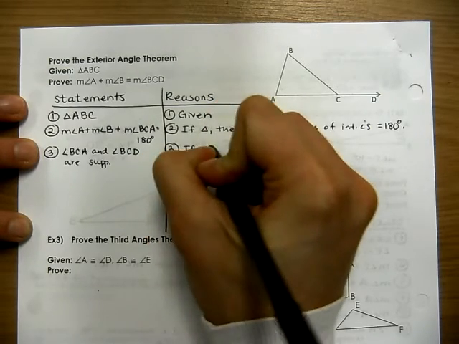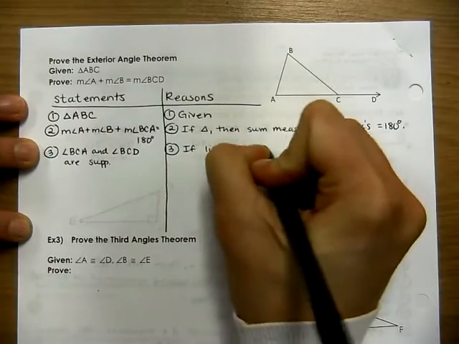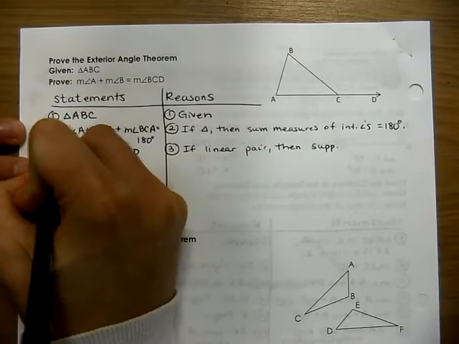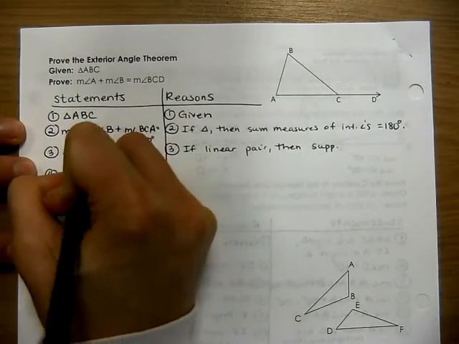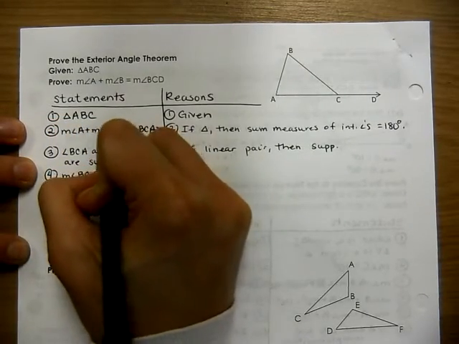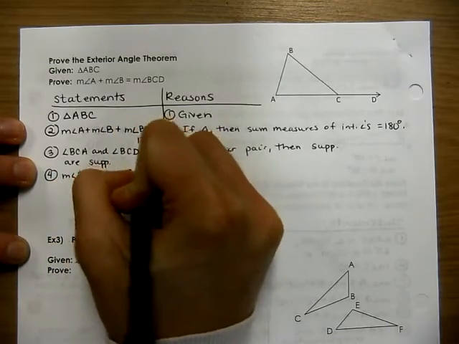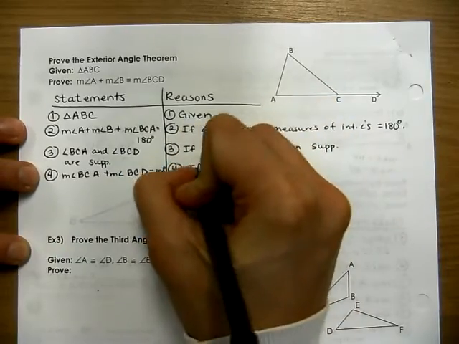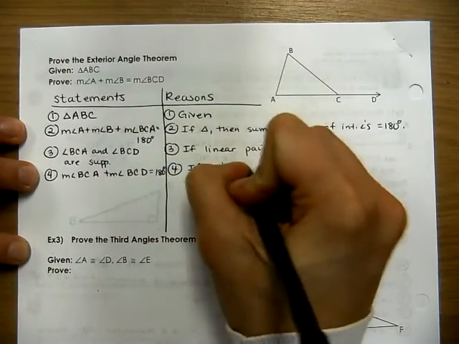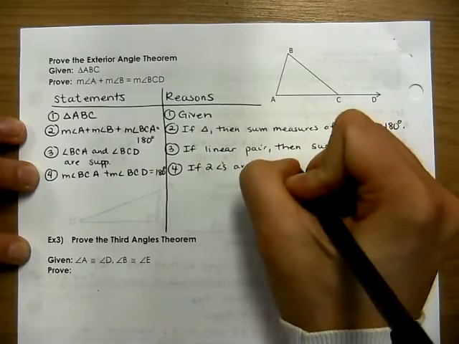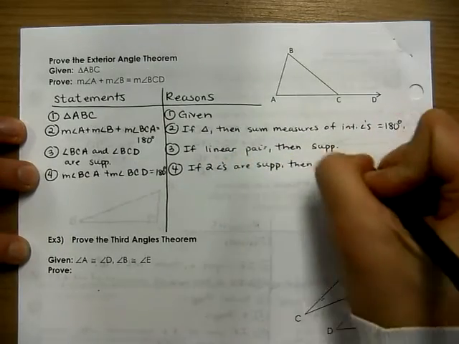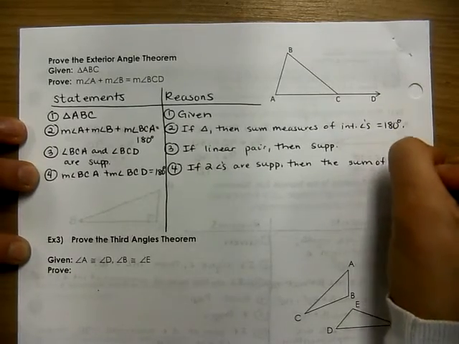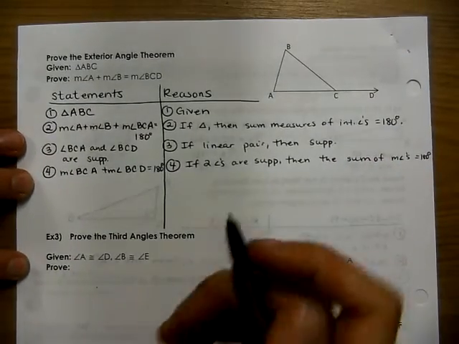Oh, if linear pair, then supplementary. And then we can say that the measure of angle BCA plus measure of angle BCD is equal to 180 degrees, and that's because if two angles are supplementary, then the sum of the angle measures is equal to 180 degrees. Just gotta squeeze that in.